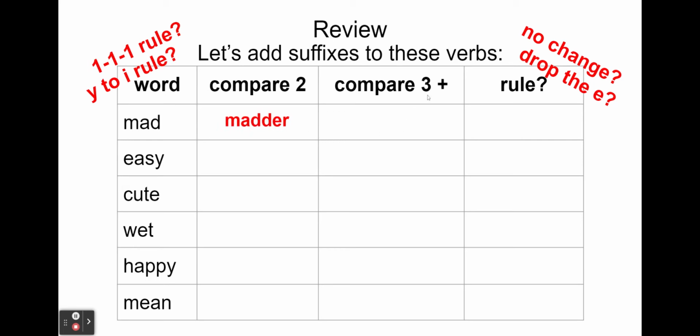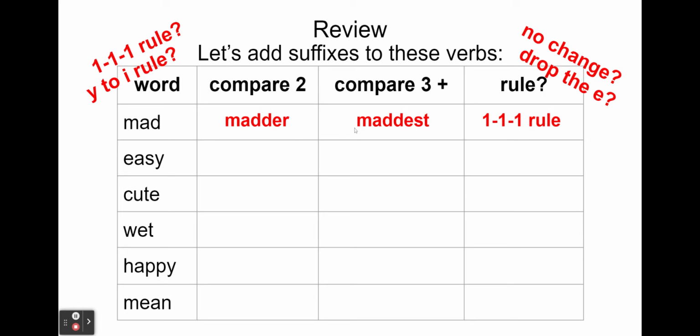And if we were comparing three or more, but Mrs. Store is the maddest of all three of the teachers. Now take a look, scholars. What did we do to get from mad to madder to maddest? Right, the 1-1-1 rule.